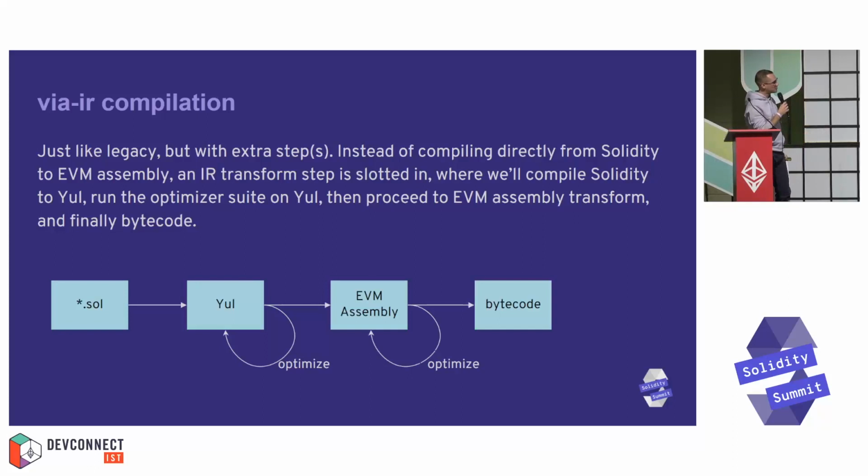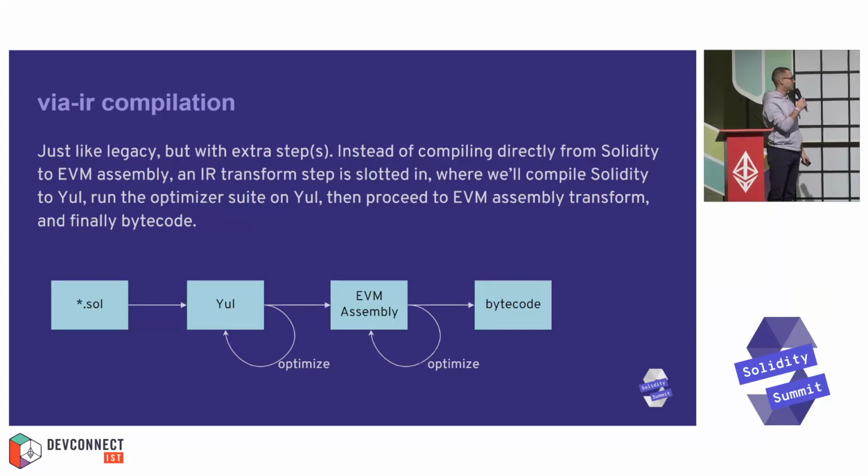It is important to note that currently the EVM assembly optimizer is still running. We are currently investigating how much of that we can get rid of, but of course that's not something we do lightly because anything with code generation is a fairly finicky thing and we don't want to break anything. Well, we don't want to break much more than we're already going to break by introducing this. And then you end up with the bytecode.